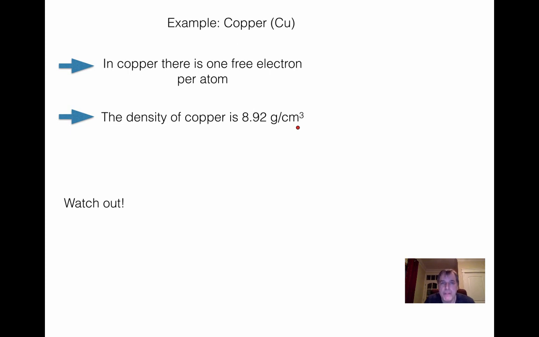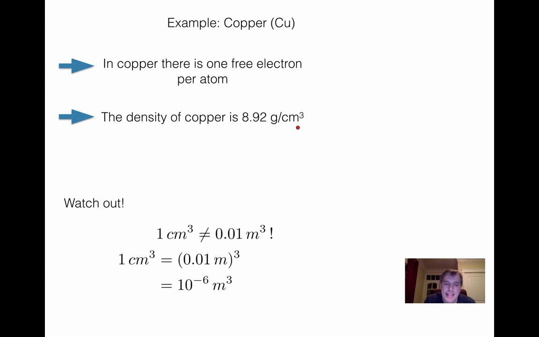People often say, okay, 1 centimeter is 0.01 meter, therefore 1 centimeter cube is 0.01 meter cube. This is wrong. People say this because they're used to thinking of 1 centimeter as being 0.01 meter, but it's not true that 1 centimeter cube is 0.01 meter cube.